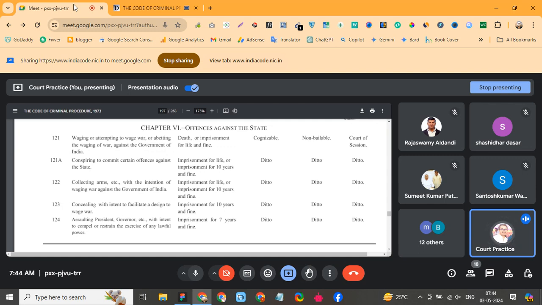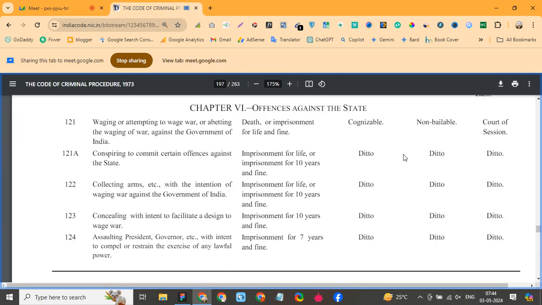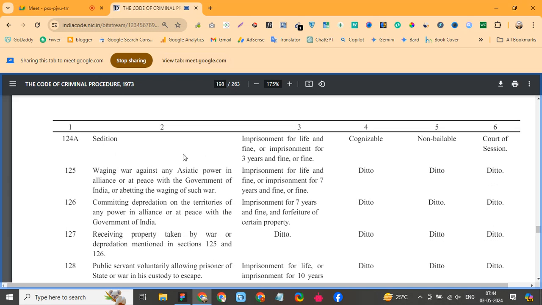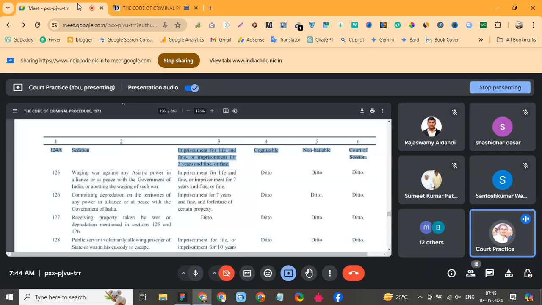If any particular section is available in your FIR or the NCR, suppose one of the sections in the FIR is section 124A of IPC.